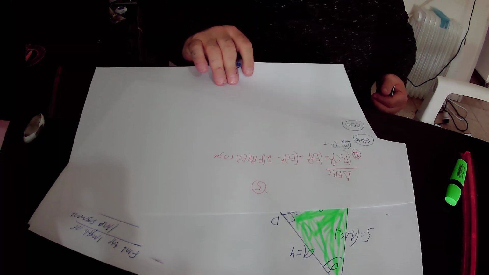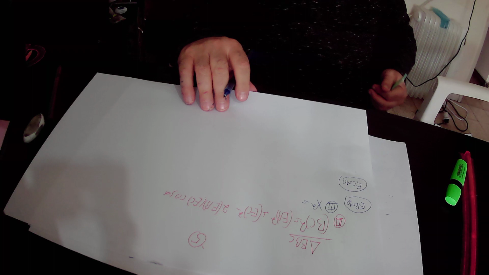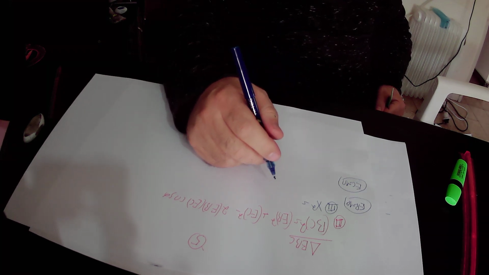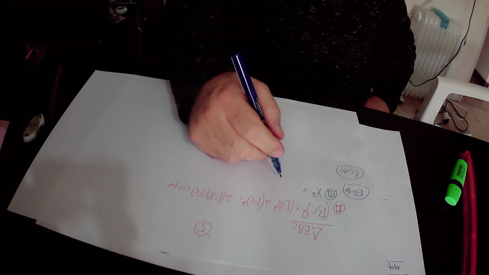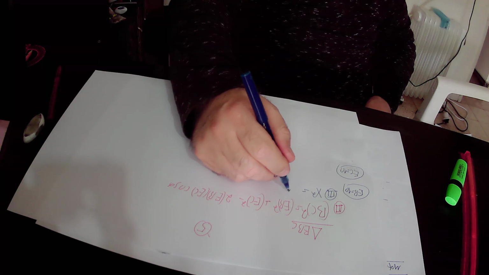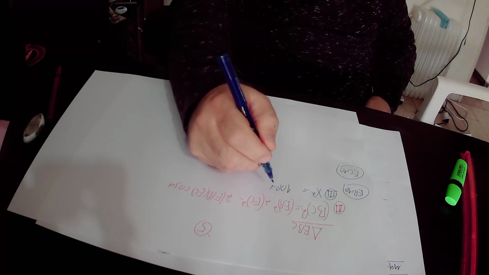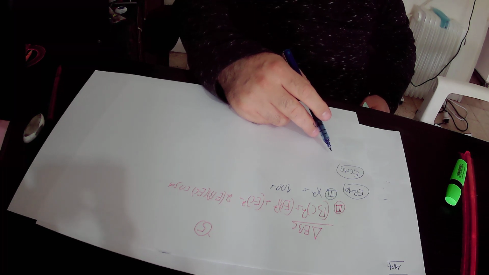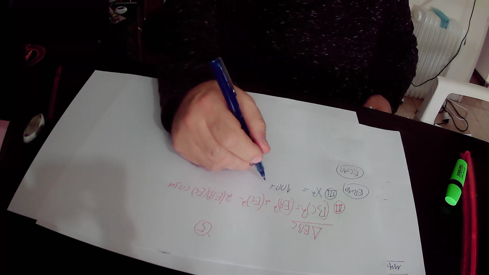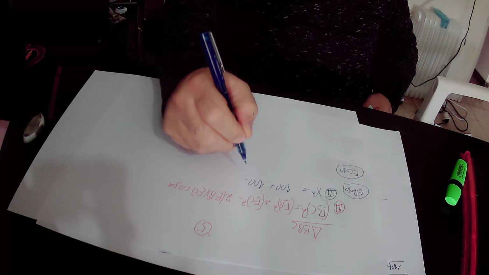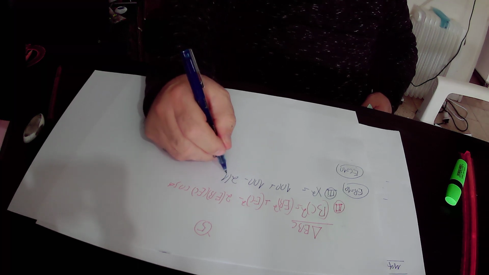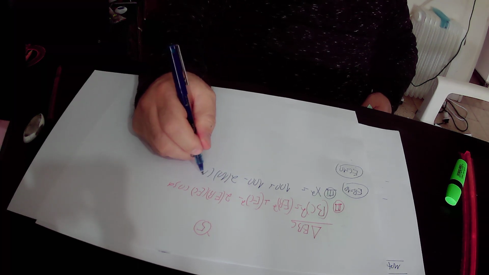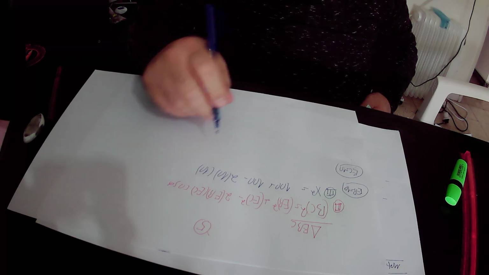So here we get that BC squared, that is x squared, equals EB squared. EB is 10, so EB squared is 10 squared, that is 100, plus EC squared. EC equals 10, so EC squared is also 100, minus 2 times EB, which is 10, times EC, also 10, times cosine alpha.